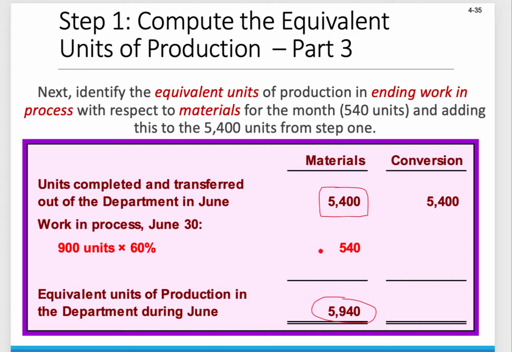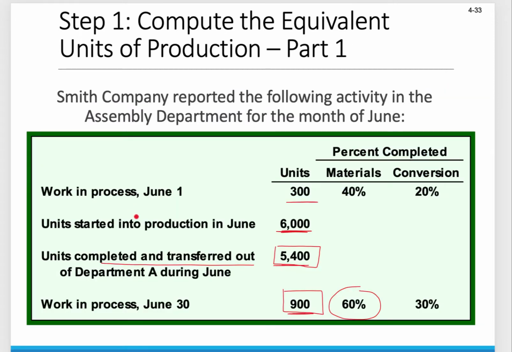Third thing I've got to do is figure out the equivalent units of production in the department during June for conversion costs. So I need to know what percentage of conversion costs was completed. Well, if I go back here, they tell me that, with respect to conversion costs, the ending WIP is 30% complete.